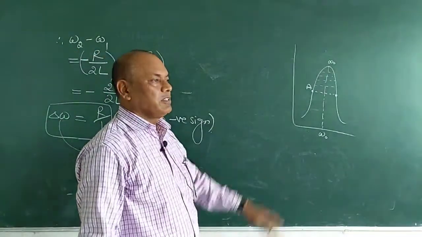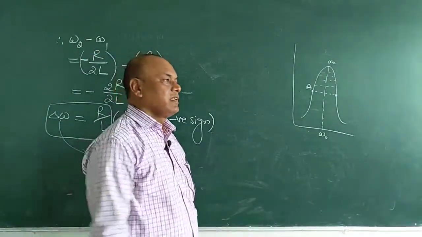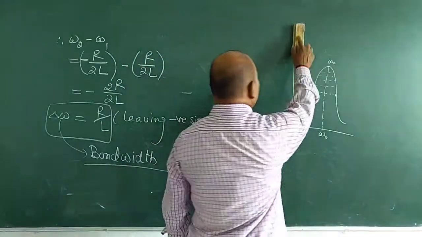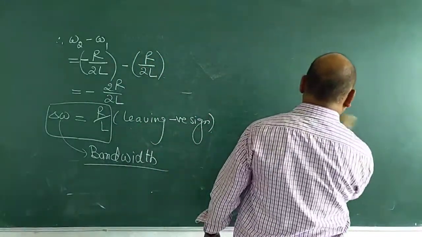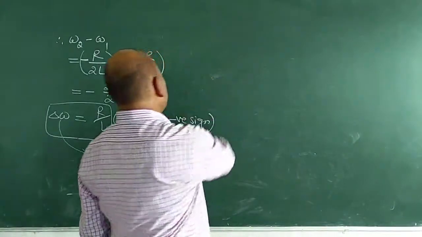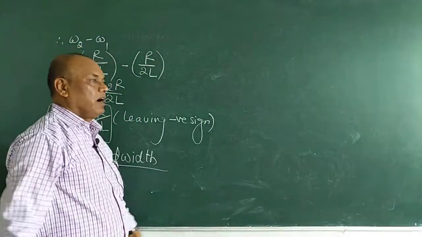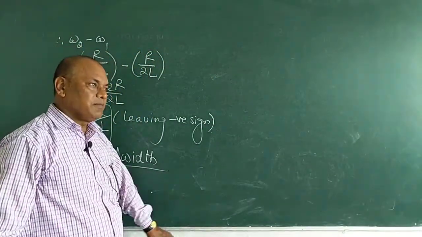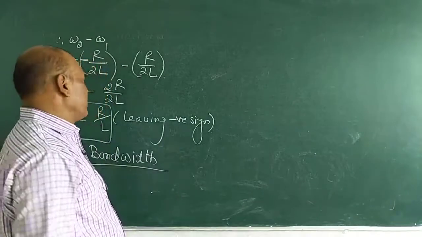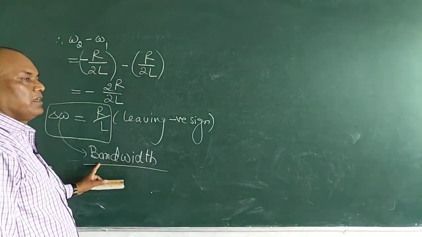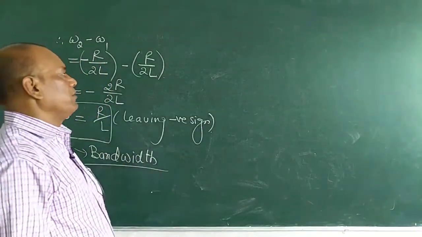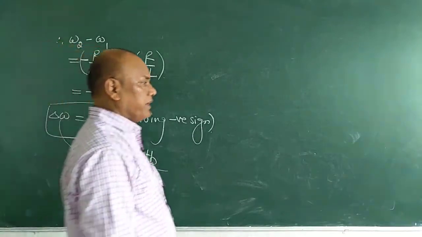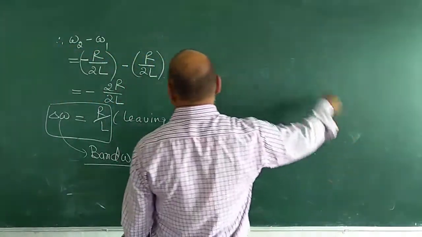As this bandwidth becomes shorter and shorter, the sharpness of the circuit becomes higher and higher. So such types of circuits are designed in a communication system to have a minimum bandwidth and hence a sharpness of the circuit.